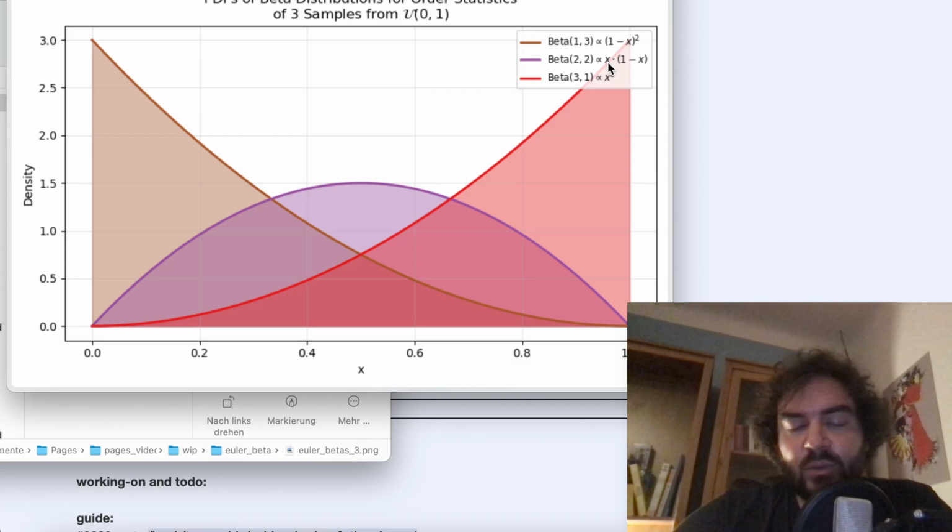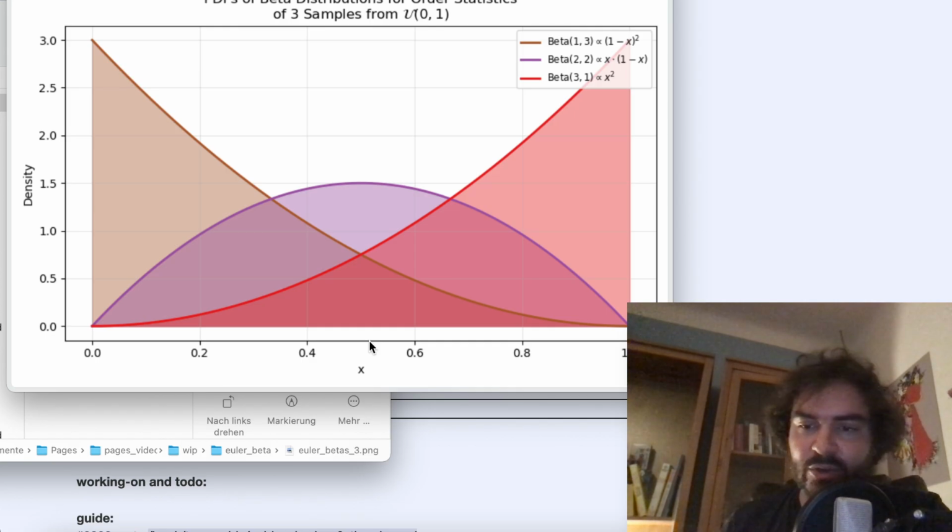Even if I did not do the formal derivation of the beta function itself, here you also have these products of x and 1 minus x, and in the derivation the x is the value on the x-axis on the domain, but for the beta function it is at the same time also a probability, simply because drawing from the uniform distribution follows this completely trivial linear cumulative distribution function.